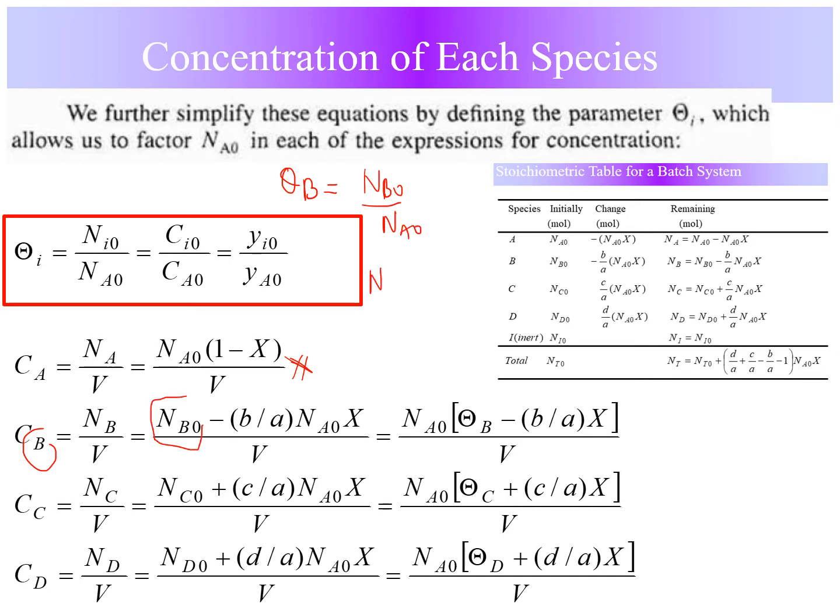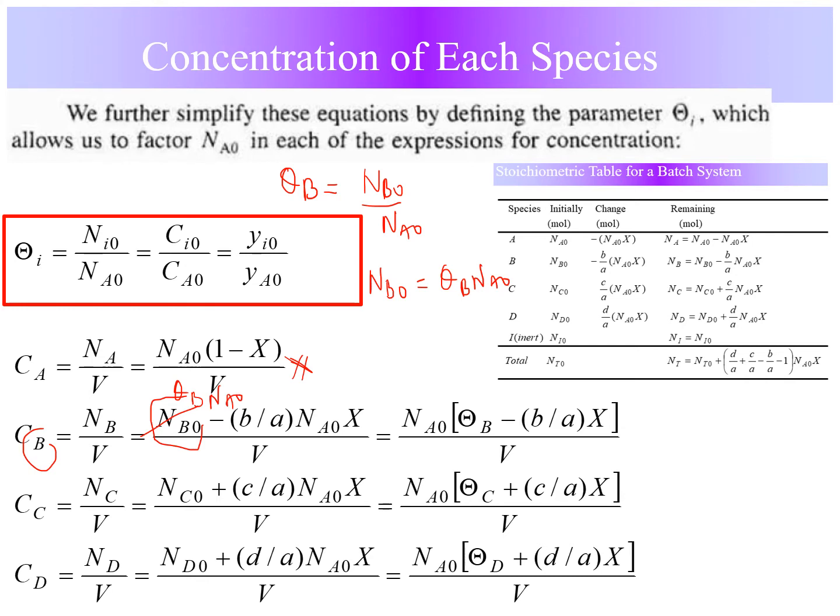So NB node is equal to theta B times NA node, and you will replace it with theta B times NA node.